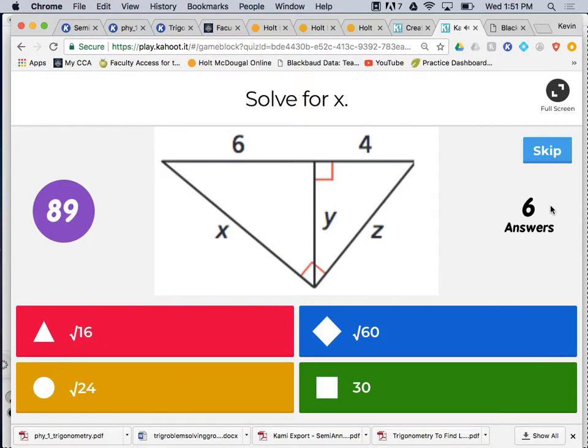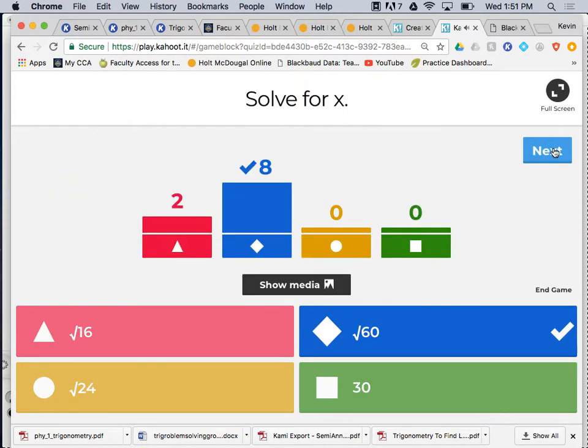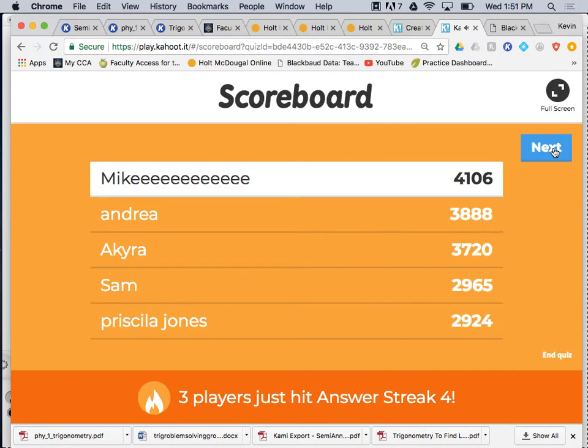So it'd be 6 times 10. This side length is equal to the geometric mean of this line segment and the whole length of the hypotenuse. What's the whole length of the hypotenuse? 10. So this is the square root of 6 times 10, which is radical 60. Good.